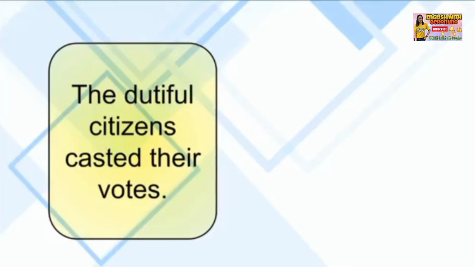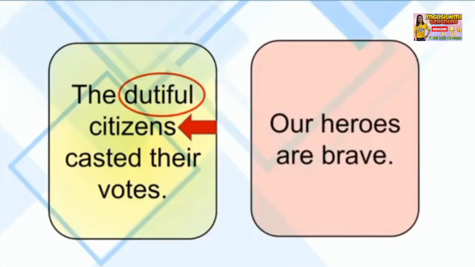In this sentence, the word citizens is a noun, and when asked what kind of citizens, the answer will be dutiful. Let's have the second sentence. Our heroes are brave. In the second example, the noun modified is heroes. Brave is the adjective for this noun.